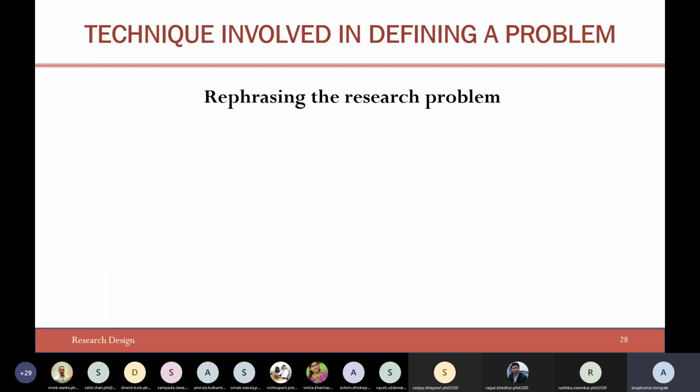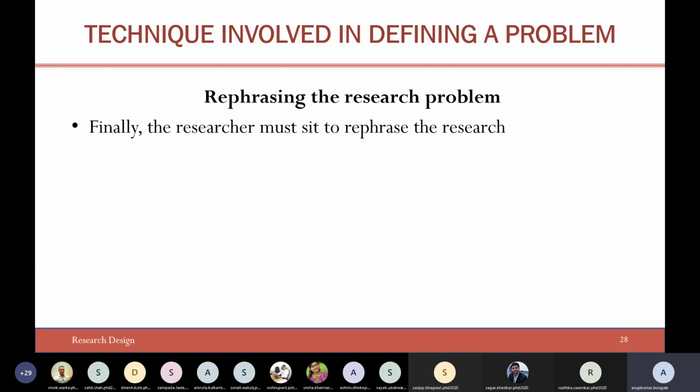So finally, once you have done all these activities, you rephrase the research problem, as you are there to submit your research proposal. Finally, the researcher must sit and rephrase the problem. Now you have got all the information. You have collected a vast amount of information through discussions, literature survey, expert opinion, surveys, and experience survey.